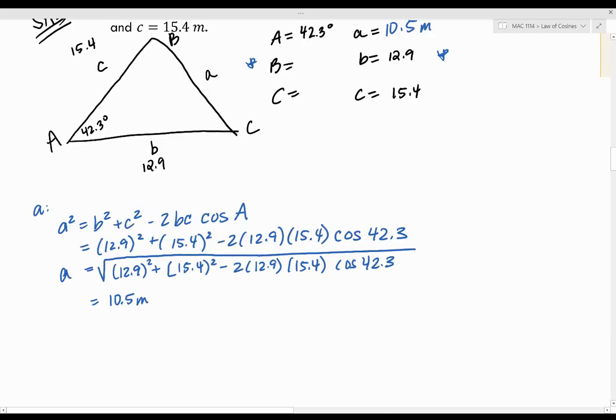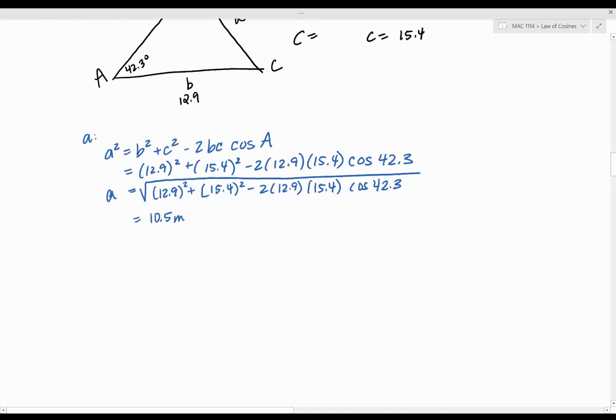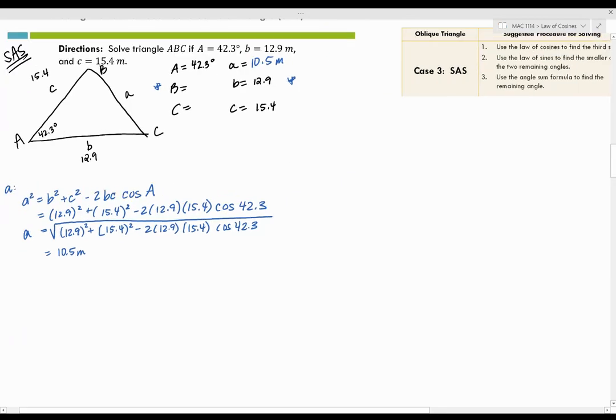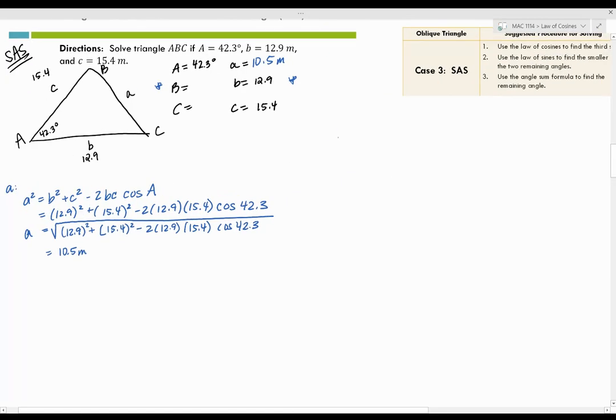So we're going to look for angle B now. I can use the law of sines to find it because I have a combination: I have both the side and the angle for A. Because I'm looking for angles, uppercase letters are going to be in the numerator. I'll write the formula just in case you forgot: sine of A over A equals sine of B over little b.